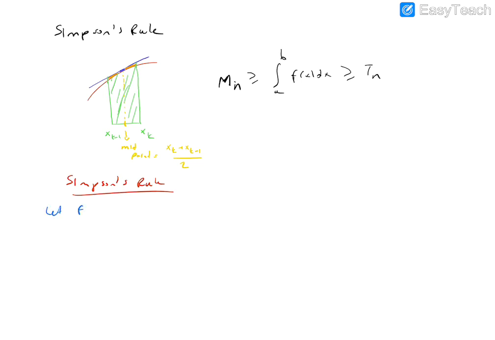Let f be a function defined on the interval [a, b]. Okay, so partition [a, b] into 2n subintervals. So because of this reason, I will write partition of our domain into 2n subintervals. Why do we use the 2n subintervals? Because otherwise we have this point (xk plus x(k-1)) over 2.